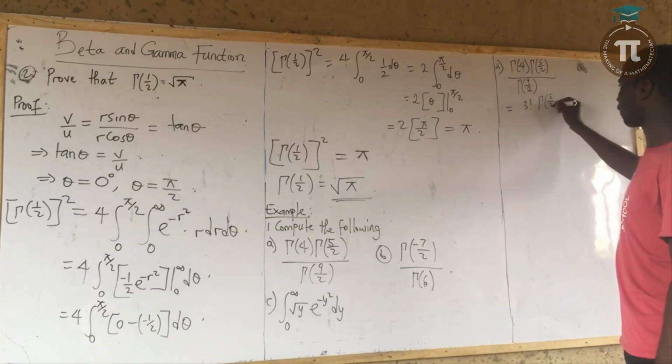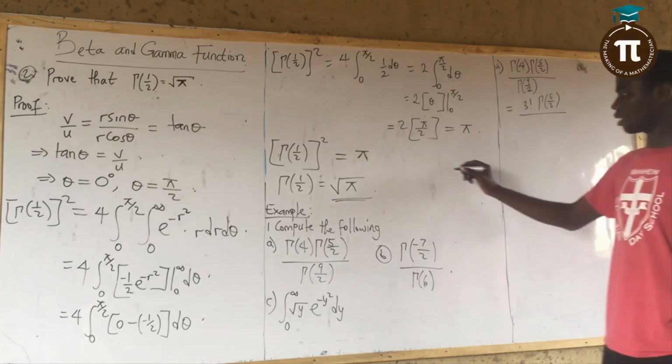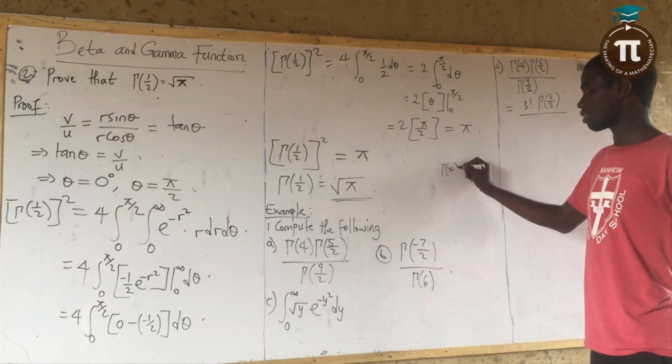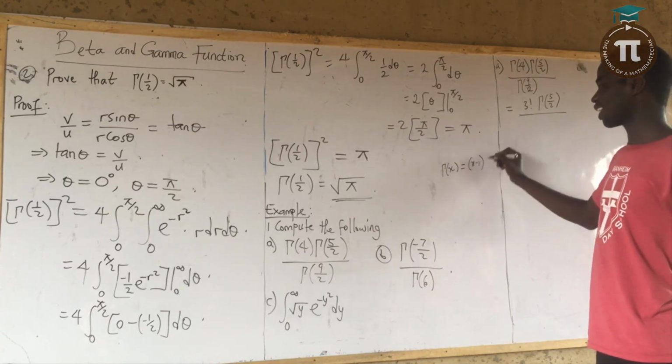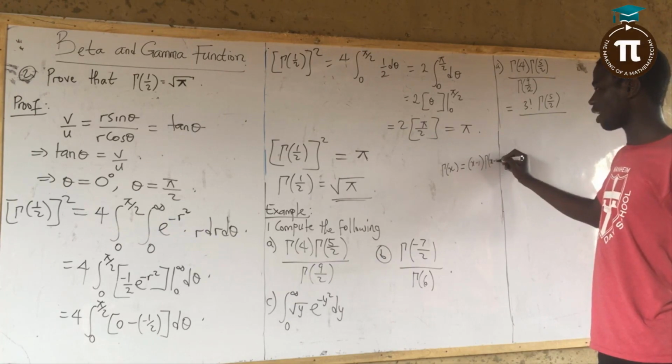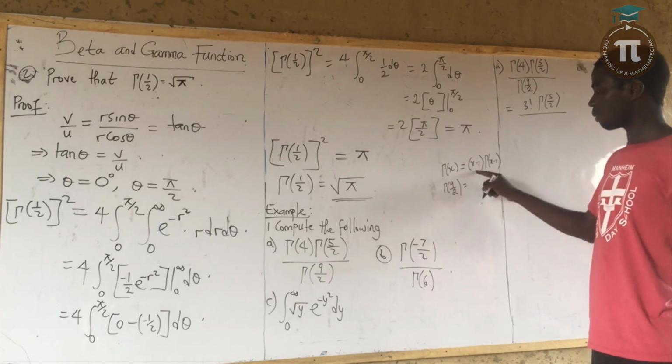Gamma of 4 is 3 factorial, it's obvious. Now, don't forget this formula: gamma of s is equal to s minus 1, gamma of s minus 1.